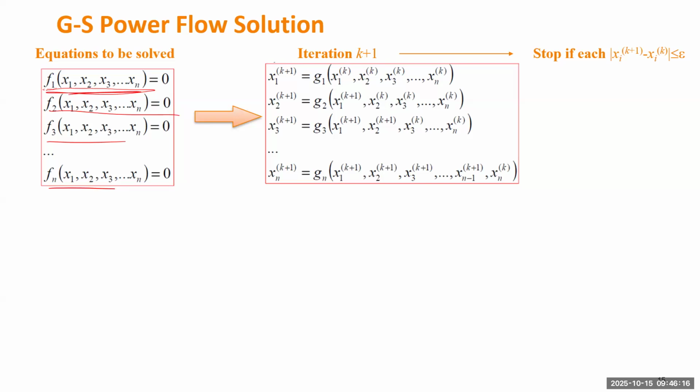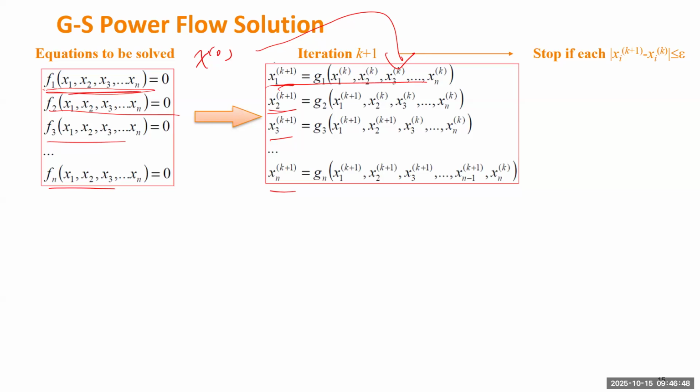To start iterating, we need to rewrite each equation. We move one variable to be solved to the left-hand side, and the rest of the equation will be on the right-hand side. Then we start iterating. We start from x0 as the initial estimate. Then we plug the initial estimate into the right-hand side and get the result from the first iteration.